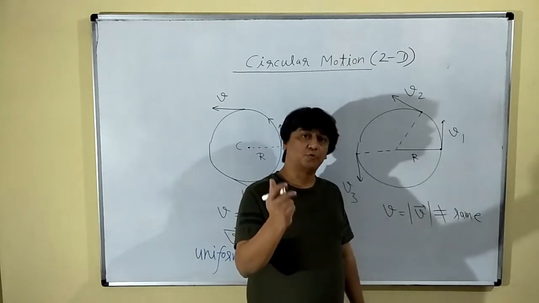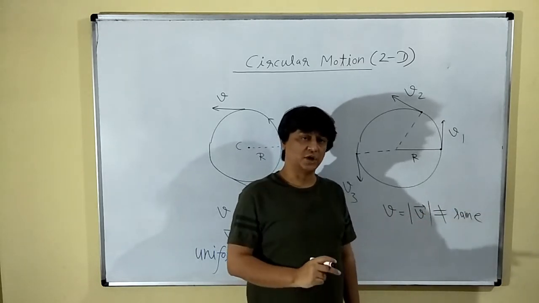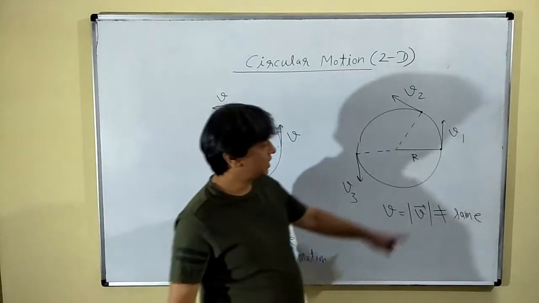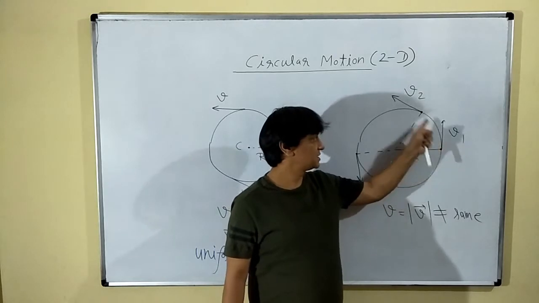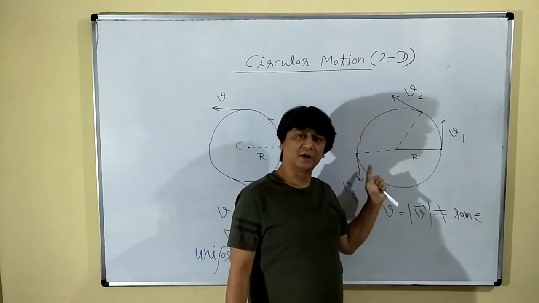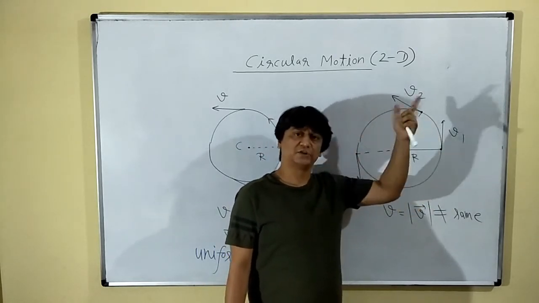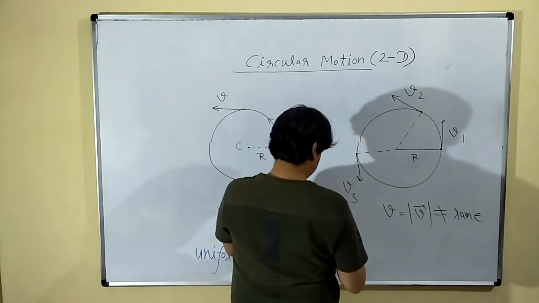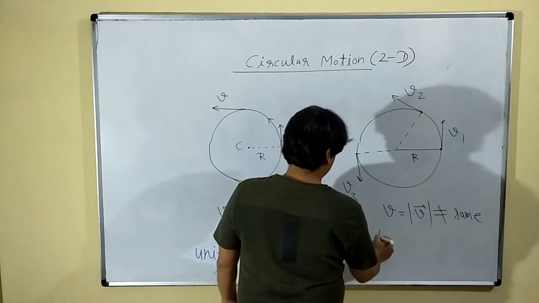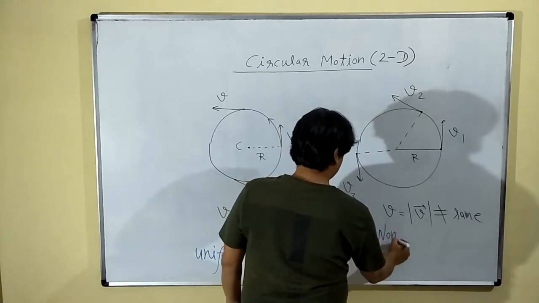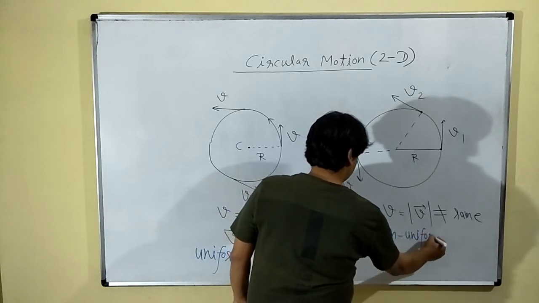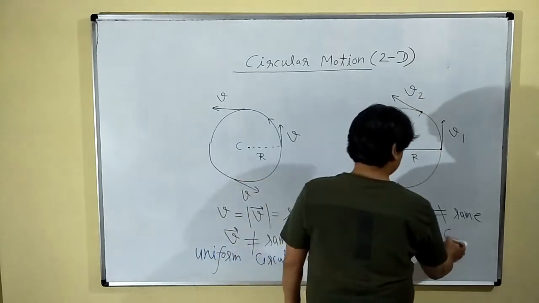And you know that the direction will continuously change. If the object moves in such a way that speed is 5, 6, 7, 8, 9, 10, 11, continuously changing, increasing or decreasing whatsoever, you say that this is non-uniform circular motion.